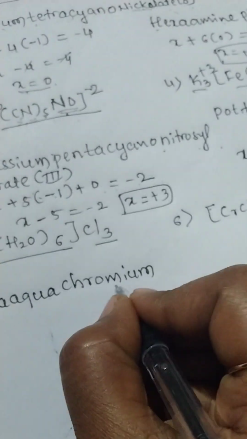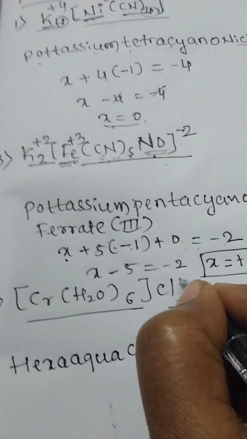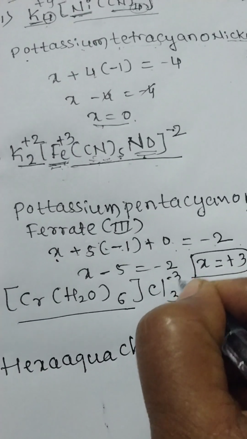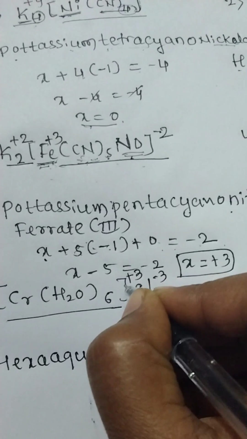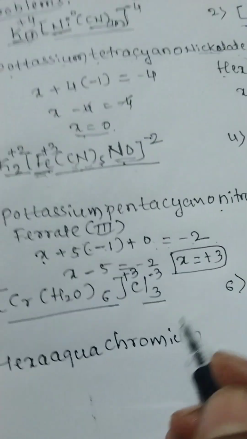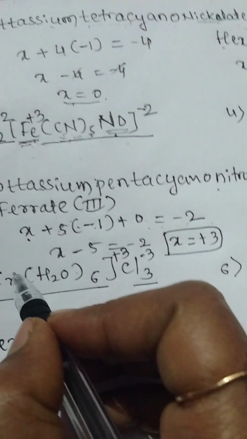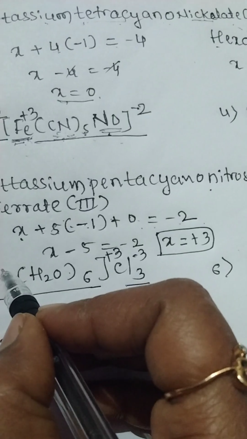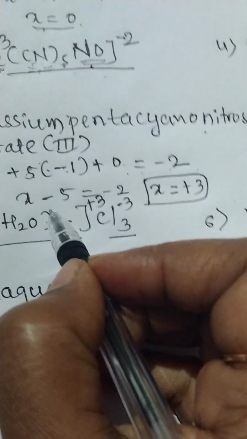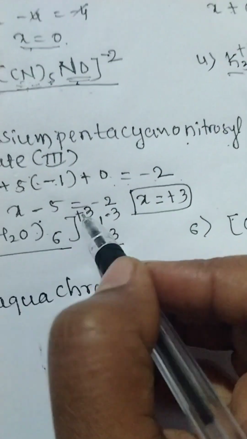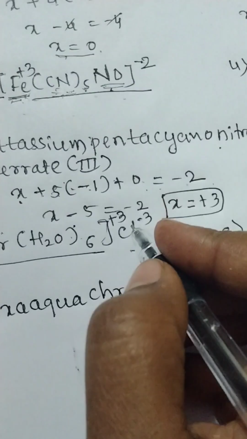Okay, let us calculate the oxidation state. So simply here we can calculate: it has a -3 charge, so it is a plus. The sum of charges on the central metal and the ligand is equal to the charge on the sphere.